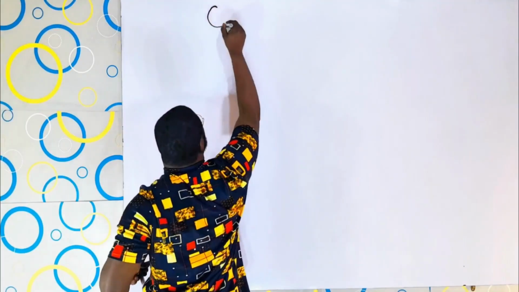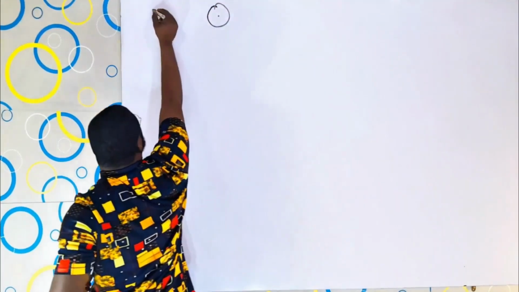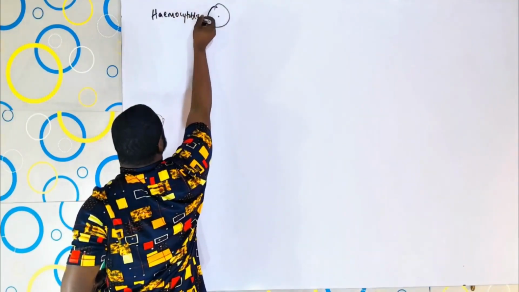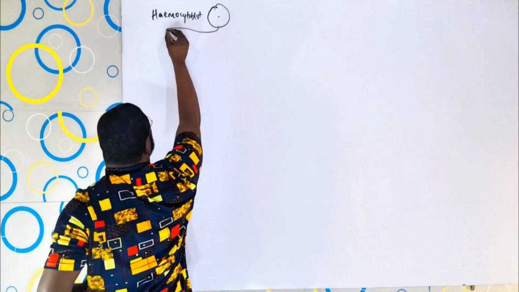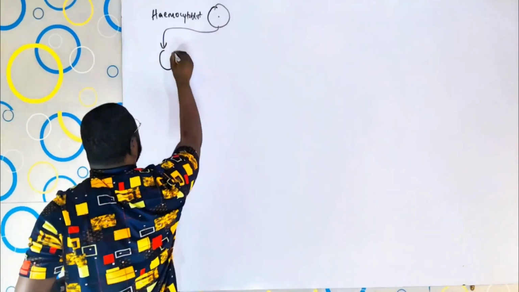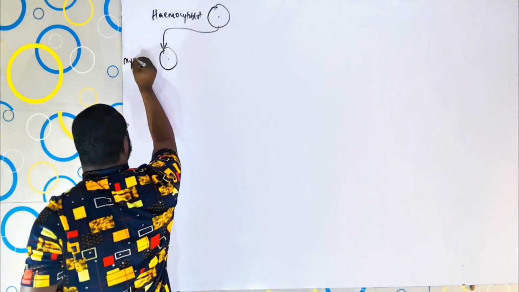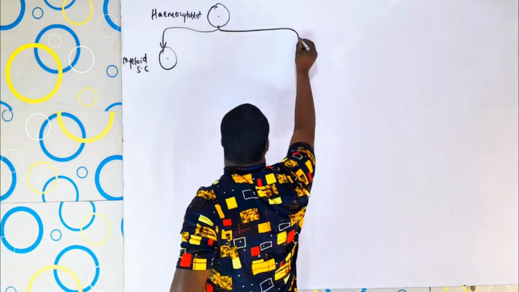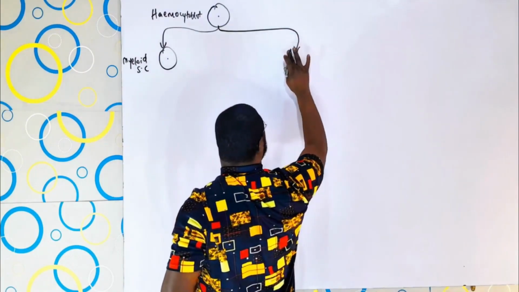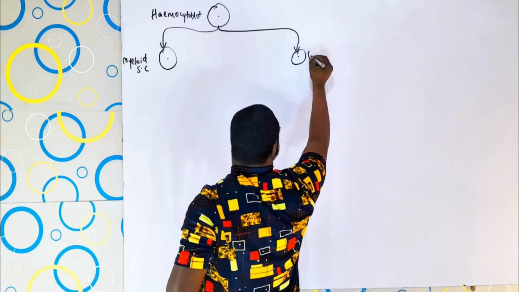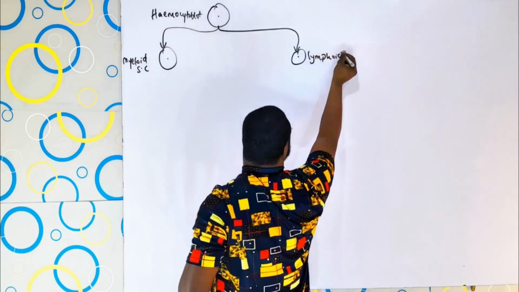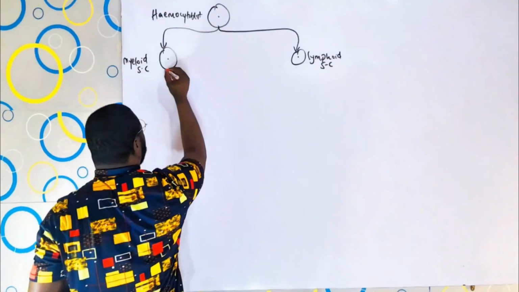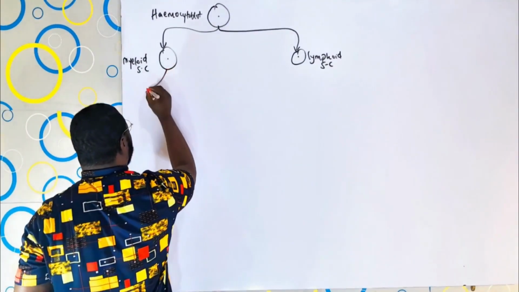The first cell ahead is the hemocytoblast, and from there you have your myeloid stem cell, and right here you have your lymphoid stem cell. And from that, if you are creating a granulocyte, we have a myeloblast first.